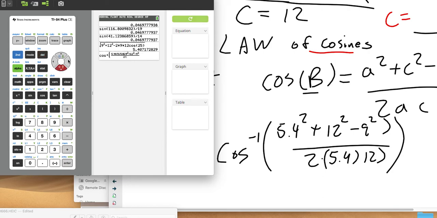We might have to push second answer to pull that number down there. So all I did was push to try to get this little ANS by the negative sign. There we go. Hit enter.